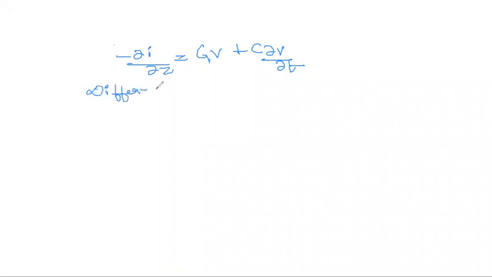You have the second equation: minus ∂I/∂z is equal to Gv plus C into ∂v/∂t. Now differentiate with respect to z.